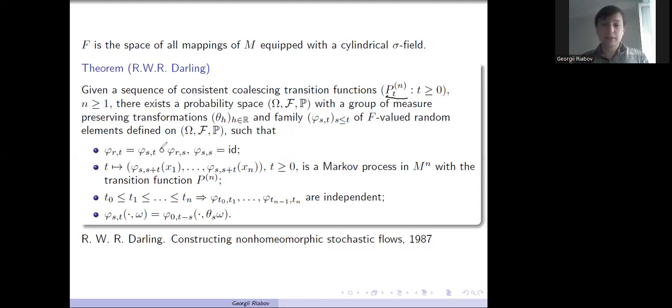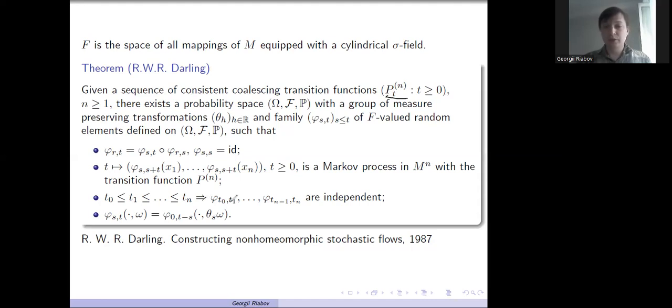such that the flow property holds. If we fix endpoints x1, ..., xn, then the process phi s plus t that starts at these points is a Markov process with a transition function Pn.